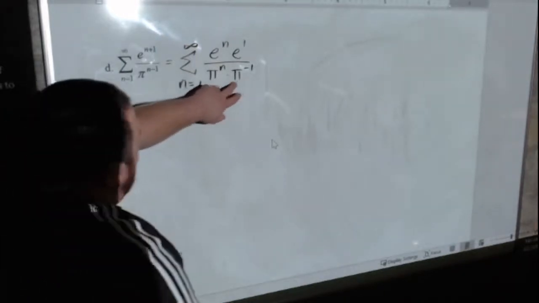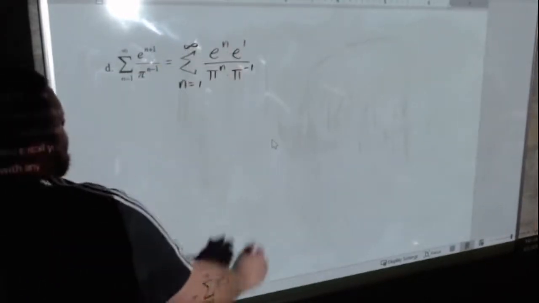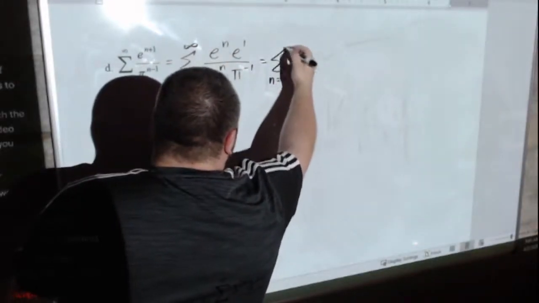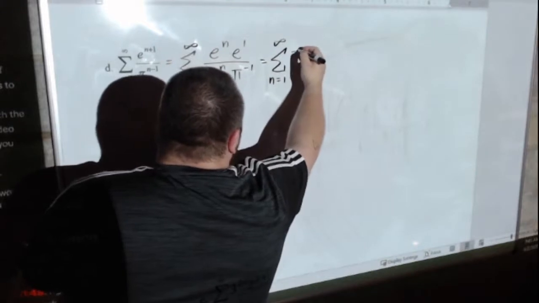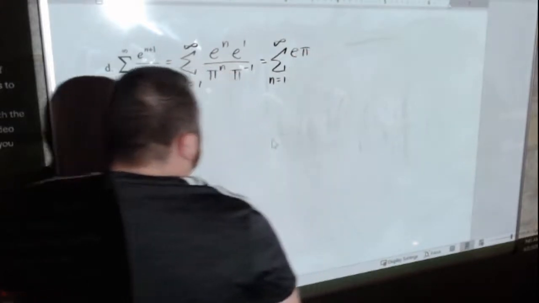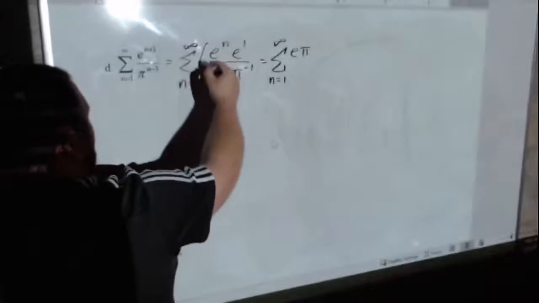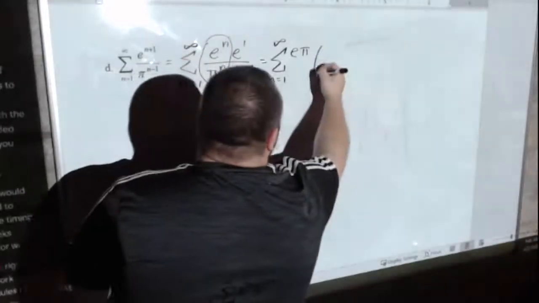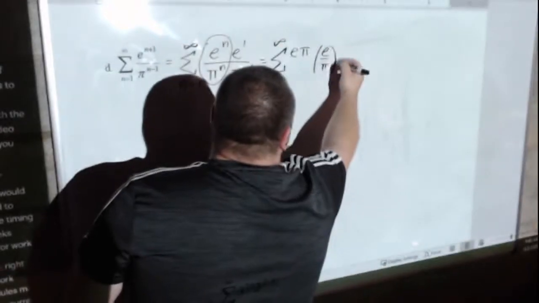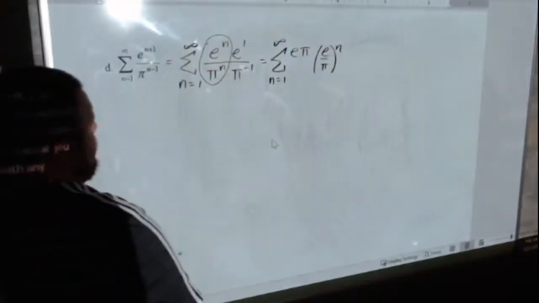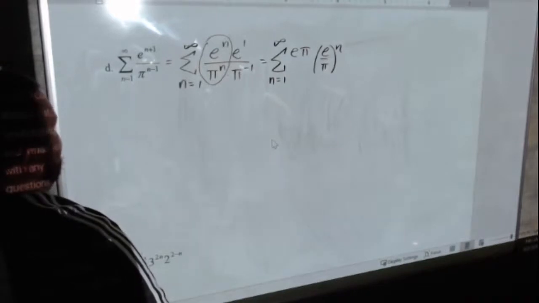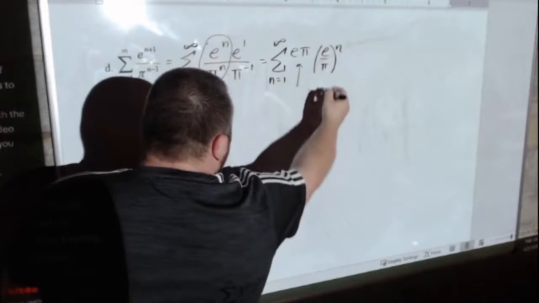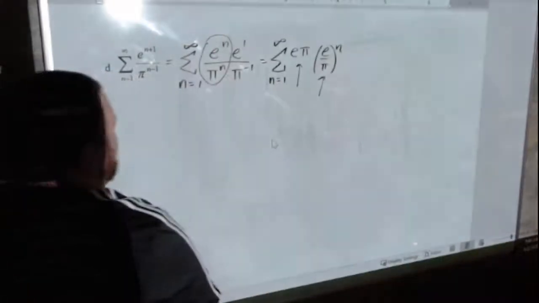The pi to the minus 1 can go up in the numerator, and I can pull out an e pi. And then I've got e over pi to the n. So my a is e pi, my r is e over pi.